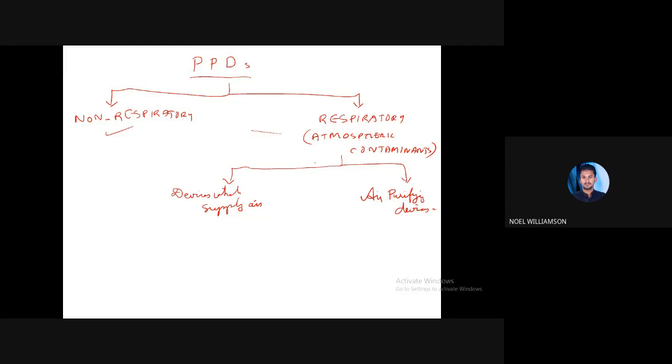Various atmospheric contaminants are there, like toxic dust, fume, smokes, mist, vapor, gases, etc. In order to prevent or remove these contaminants present in the atmosphere, we use certain PPDs, and these come under the category respiratory PPDs. And all others which may protect the hand, foot, etc., come under the non-respiratory. So we will see one by one.